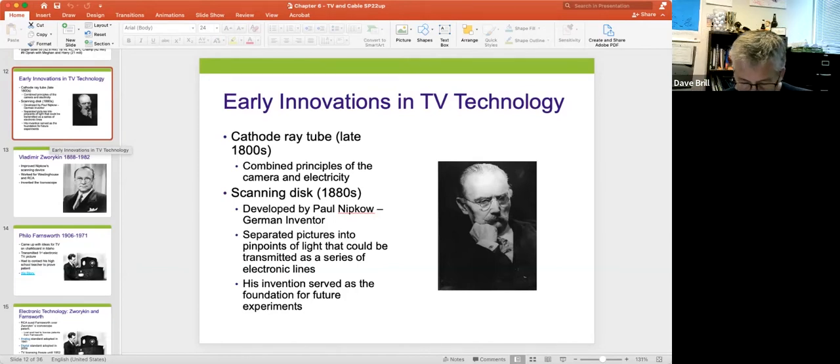Anyway, TV's earliest pioneers were trying to isolate TV waves from the electromagnetic spectrum. What's interesting is, remember when we go back to radio, that radio's development had its roots apparently in the telegraph, right?